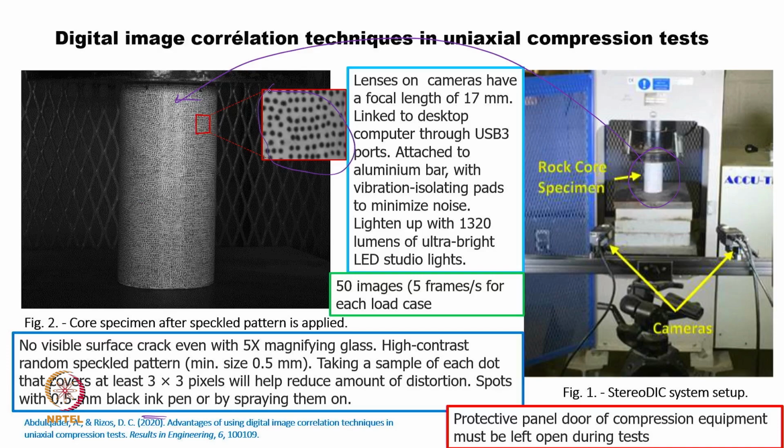Another thing, we can see the 2 cameras capturing the images, and the cameras are at some distance from the specimen, not attached to it. Another thing is that when we are using this kind of compression testing machine, there are some safety doors.